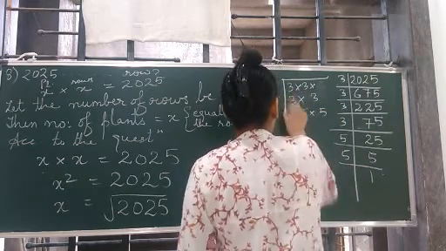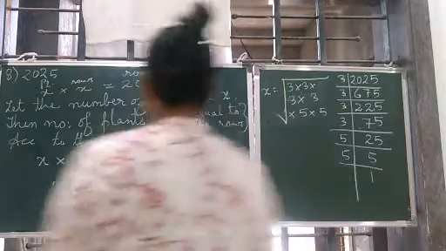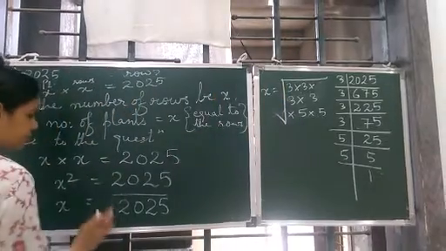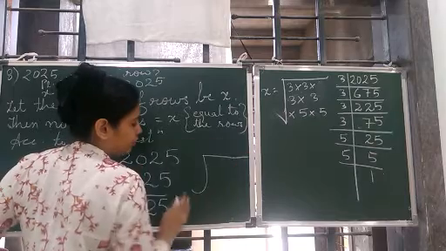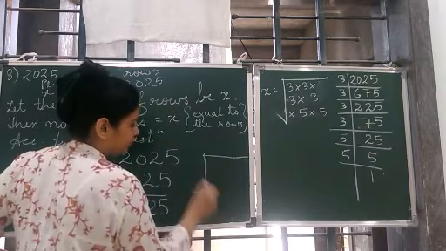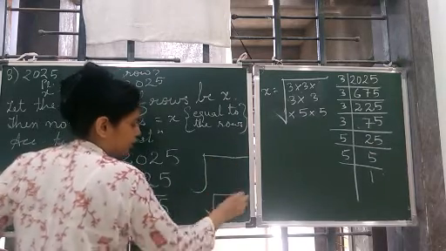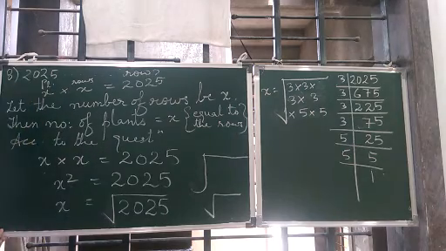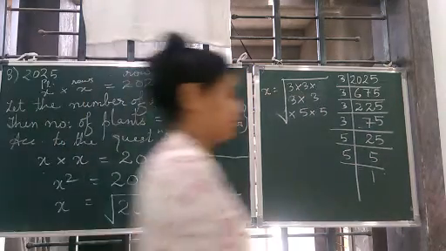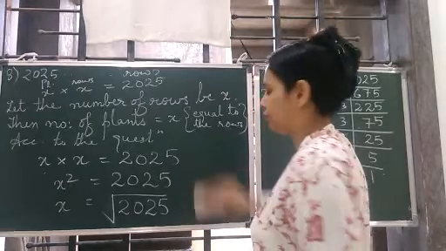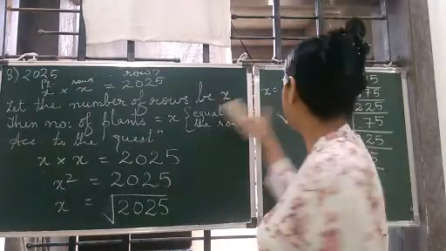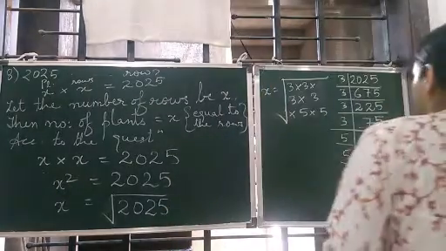And this is the sign of under root, so it should go like this. This is the division sign. Children, the difference between them: this is known as the division sign, and this is known as the under root sign. Please remember that. That's what I just saw, so I changed it. So don't make a division sign, make an under root sign.